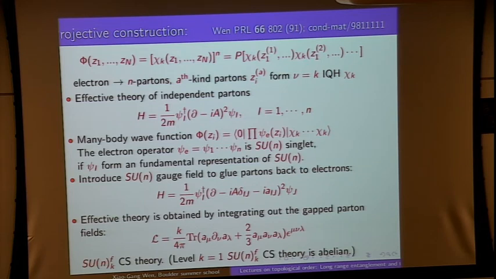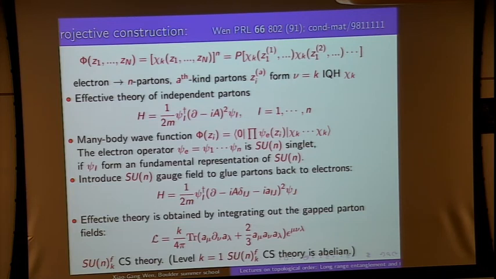The same feature is there for the non-abelian gauge field. So this K is called the level K SU(N) Chern-Simons theory. That is a non-abelian theory, a typical non-abelian gauge theory.